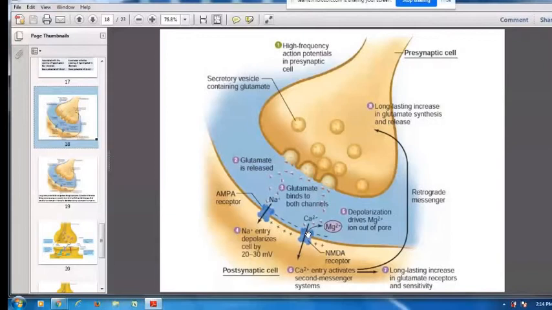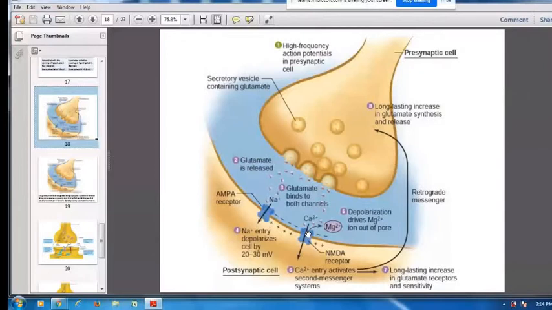When depolarization occurs by the entry of sodium ions through the AMPA receptor, it causes the magnesium lock of the NMDA receptor to go out. When the lock goes out, calcium entry occurs. Some books say only calcium enters, and some books add sodium as well.